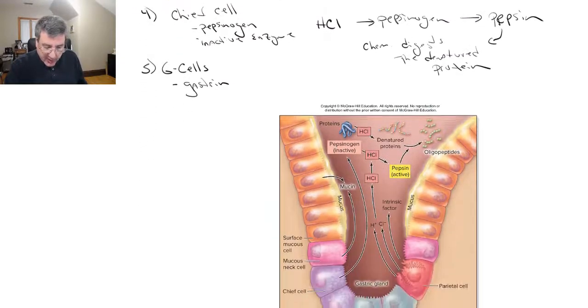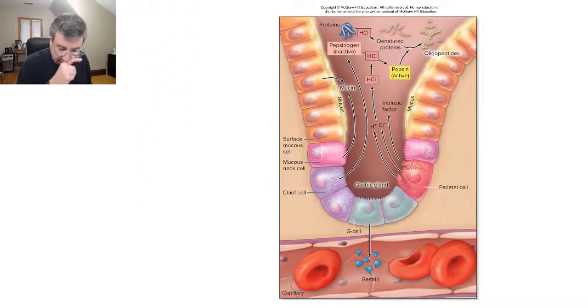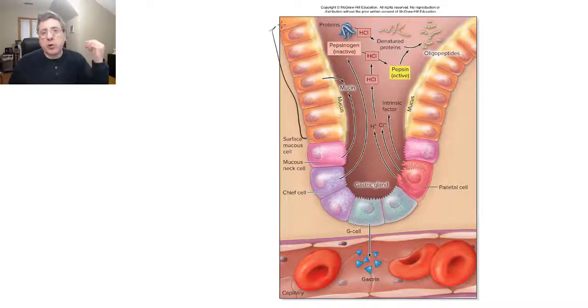So now let's put it together and look at it a little bit closer here. The orange ones are the surface mucus cells. That's going to secrete the alkaline mucus, which protects it.